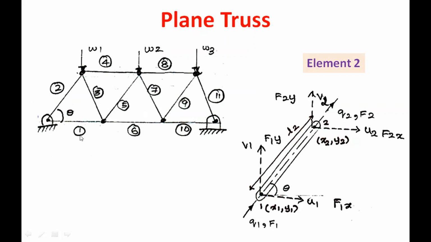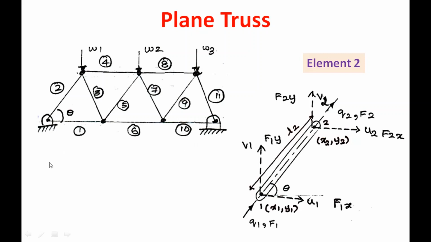If you want to do the analysis of this truss, first we have to derive the element characteristic for each element. When we use the global coordinate system for solving this problem, we can easily assemble all these element characteristic equations. We will see what changes when we use the global coordinates to solve the problem.